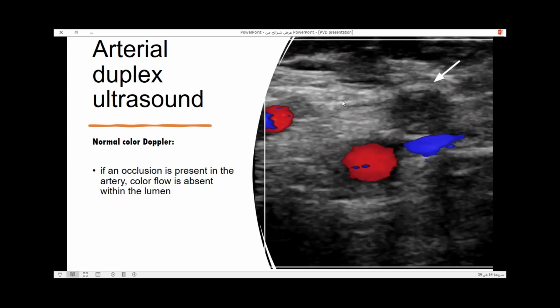So we can see this cross-sectional, the transverse image in the site of the proximal superficial artery. We can see, for example, this deep femoral is patent and the other one is occluded. So this is a simple image we can take. Other images we can evaluate are the waveform other than the color form, and we will go through it.